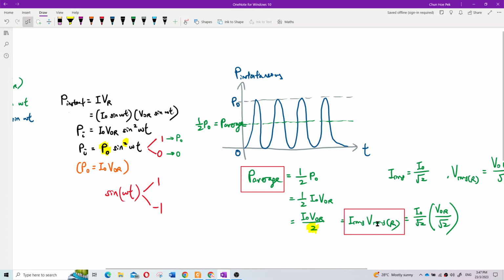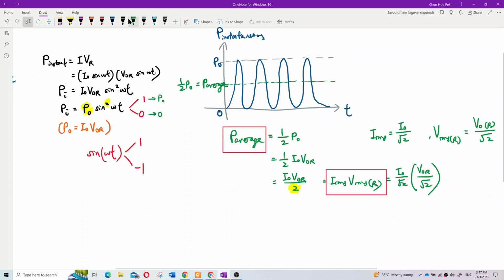That's why root mean square value is so important. To get the average power, we always take the root mean square values and multiply them.